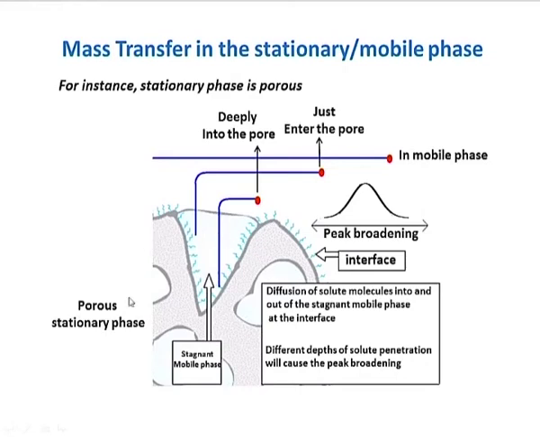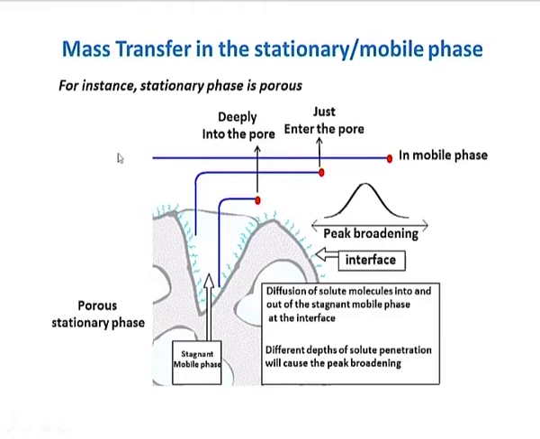Now, in this slide, focus on this image, this figure here. This is one of the stationary phase particles here. Now, this stationary phase particle is made up of pores and interstices shown here. Within the pores or interstices, you would assume that solute particles would reside.